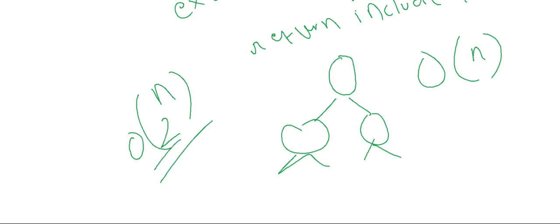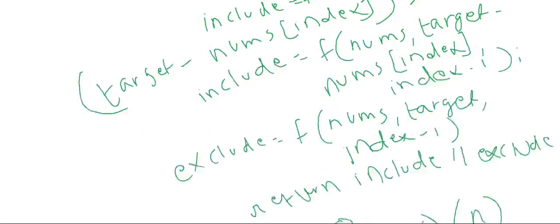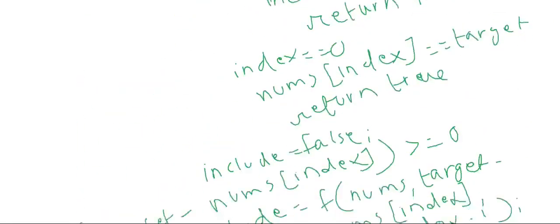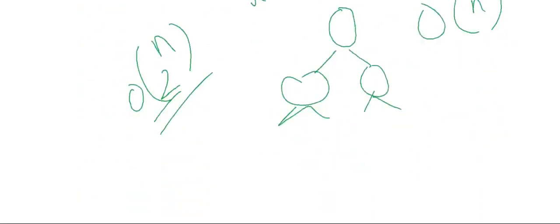We have overlapping subproblems, and we also have an optimal substructure. So in our recursion tree, for example, if I'm finding whether I can find a subset whose sum is equal to 4, and this returns me true, then this is the optimal answer.